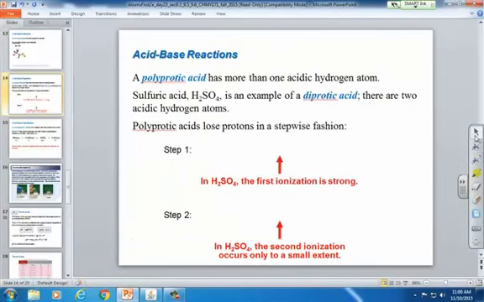So if I have a polyprotic acid, and we looked at H2SO4 already, so let's look at a different example. Let's look at H3PO4. It's another acid that's polyprotic. This one actually has 3 hydrogens. If I draw the Lewis structure, there are 3 OHs.